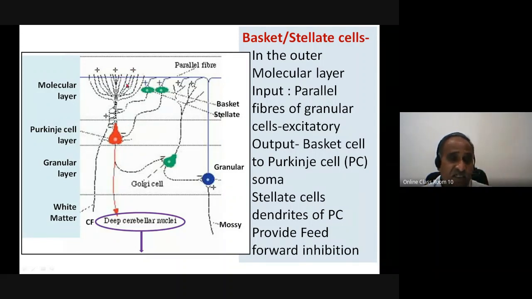The dendritic excitations are small, and all those excitations are summed up here in the axon hillock. Axon hillock is here. So when it is being summated and trying to activate the entire Purkinje cell, these cells will have an inhibitory effect, and this is known as feed forward inhibition.